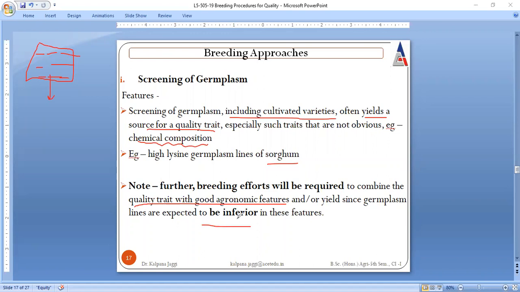Superior means they are going to represent themselves. But when we screen the germplasm and, fortunately, we find a good quality feature, that good quality feature requires further breeding efforts, because the characteristics found in the germplasm are of inferior characteristic.